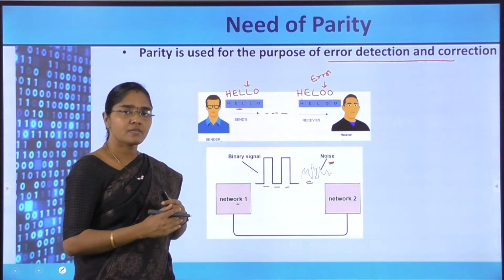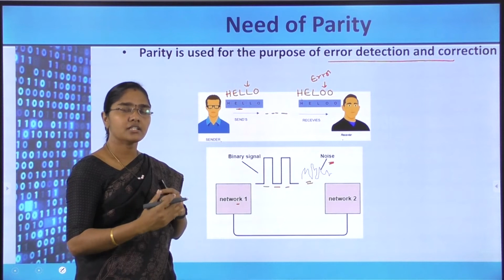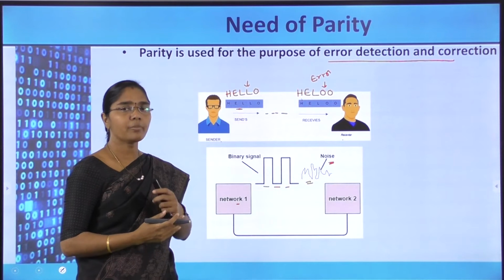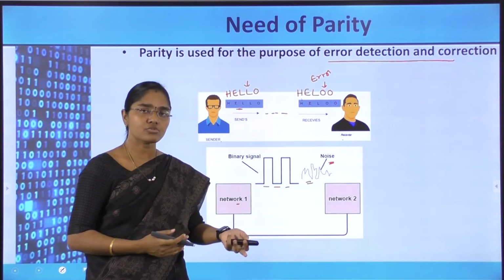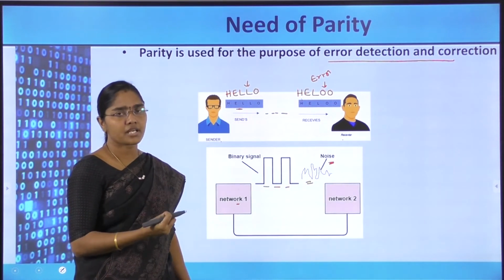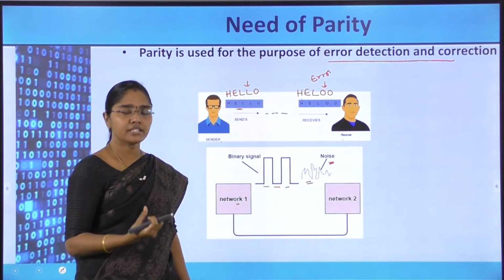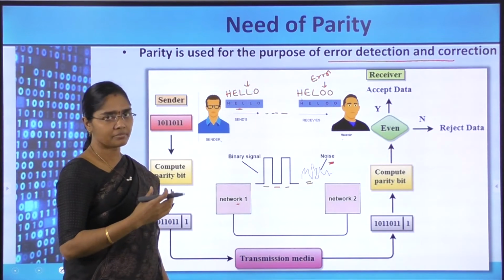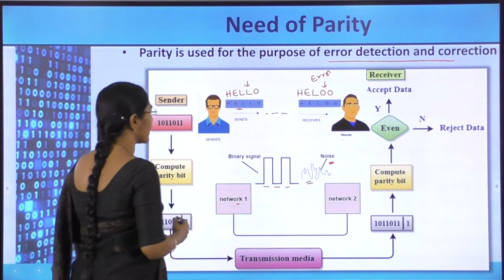So for this detection and correction part, how is parity used? How is parity applied? Parity will be used basically for the detection part. So, see the detection using parity.